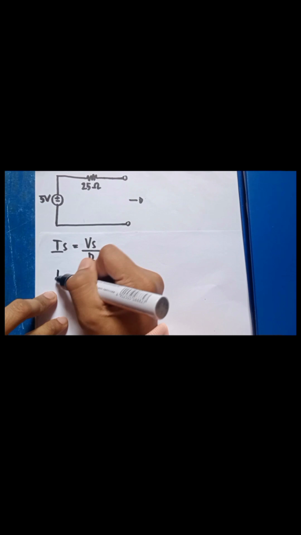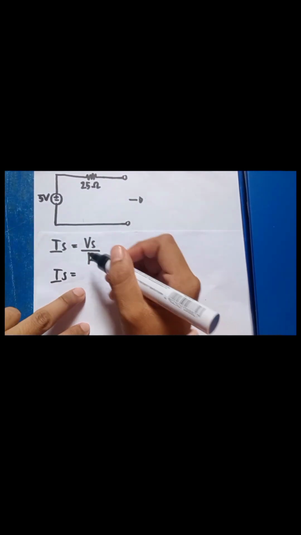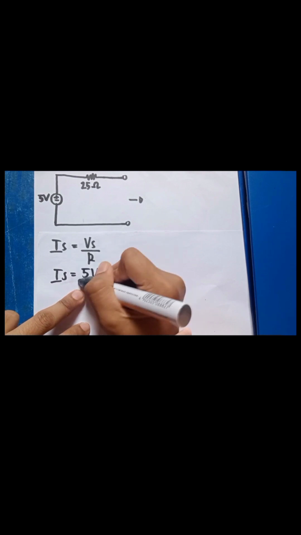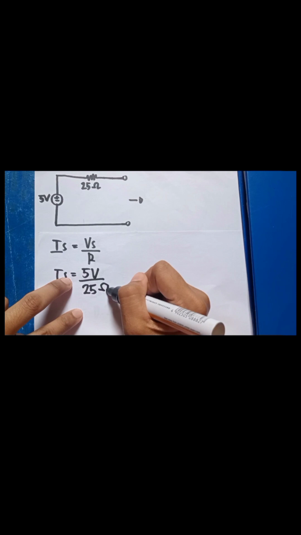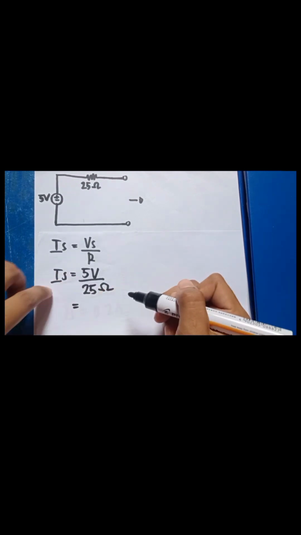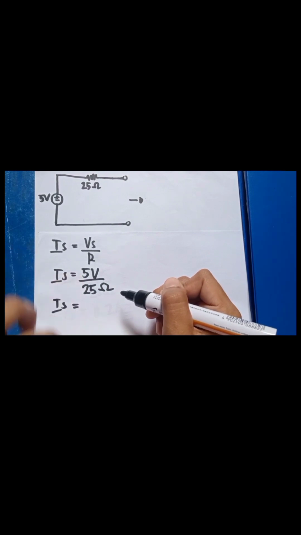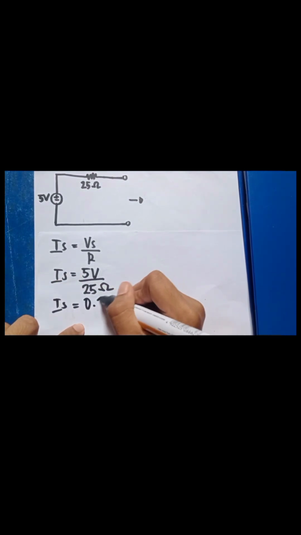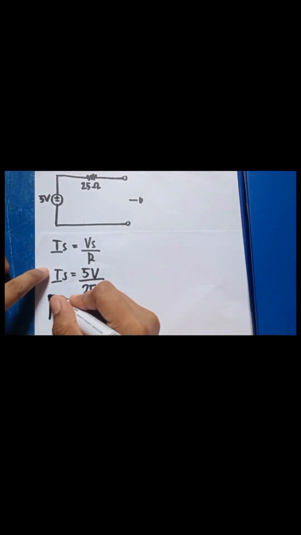IS is equal to the value of VS, which is 5 V, over the value of R, which is 25 ohms. Now let's divide 5 by 25, which is 0.2 amperes. So now the value of the current source is 0.2 amperes.